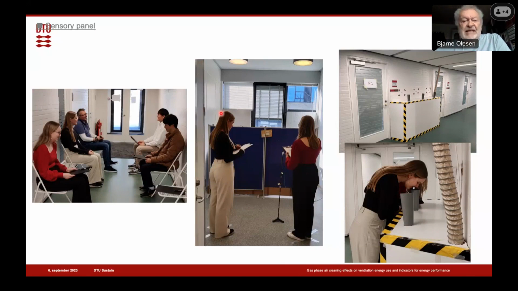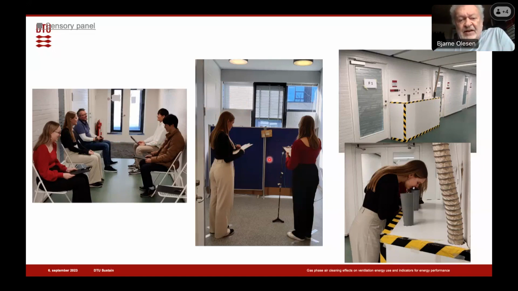So what you see here, if you look at the photo in the middle, we have two persons who evaluate the air quality coming into the room, and you see a screen, and behind this screen we have an air cleaner, and we also have people acting as subjects, emission from people.